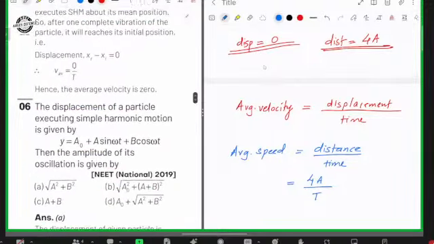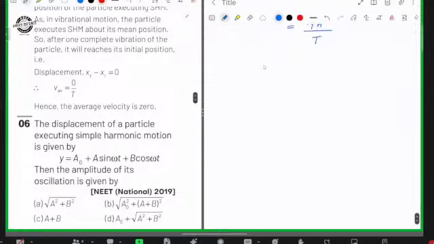Moving to the next question. The displacement of the particle executing simple harmonic motion is given by. How to solve this? Do you know composition of SHM?